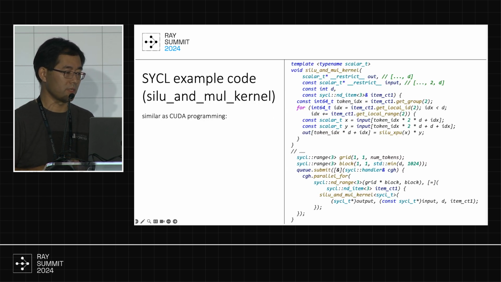This is the SiLU and Mul kernel that we developed and also integrated into the vLLM optimization on our PVC platform. You can see it is very similar to CUDA code. On the top right, it's the kernel itself written in C++ template code.